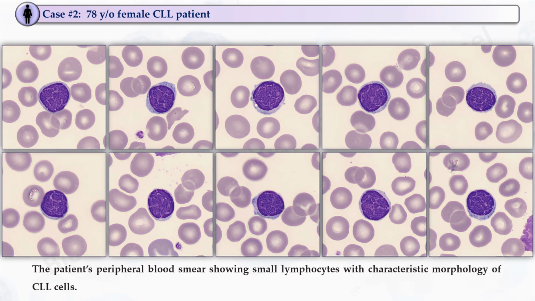The patient's peripheral blood smear showing small lymphocytes with characteristic morphology of CLL cells.